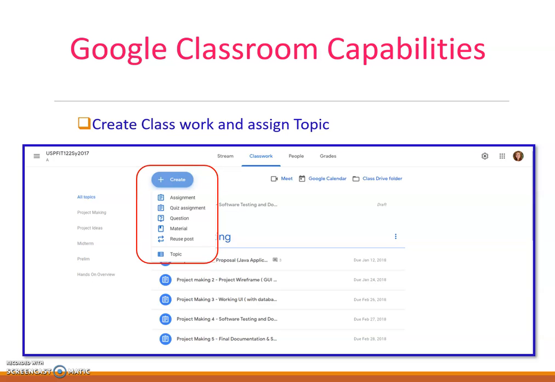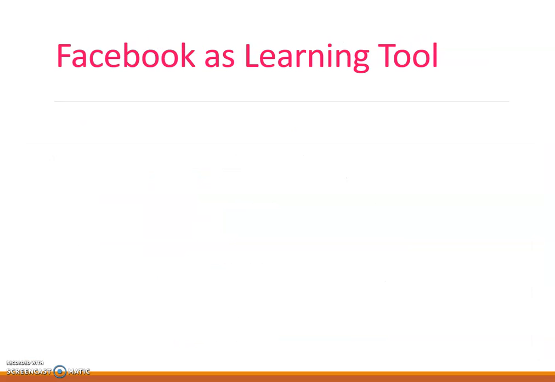You also have questions, which mimic a discussion, where students can ask questions, and then you can post materials directly from your Google Drive and other tools integrated to Google. And of course, they now organize certain activities or classwork by topic. Okay.